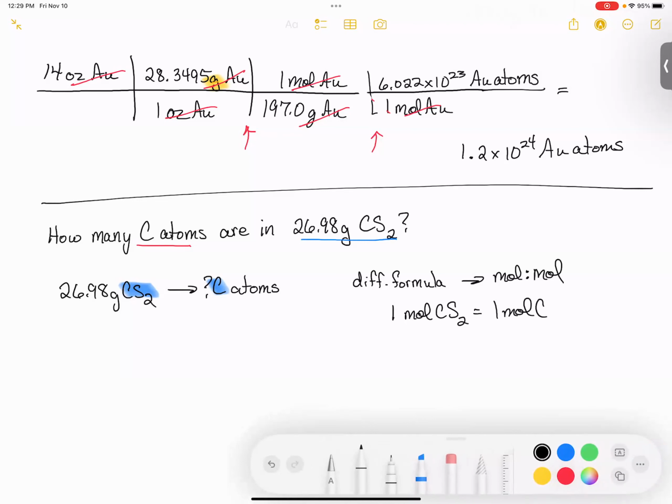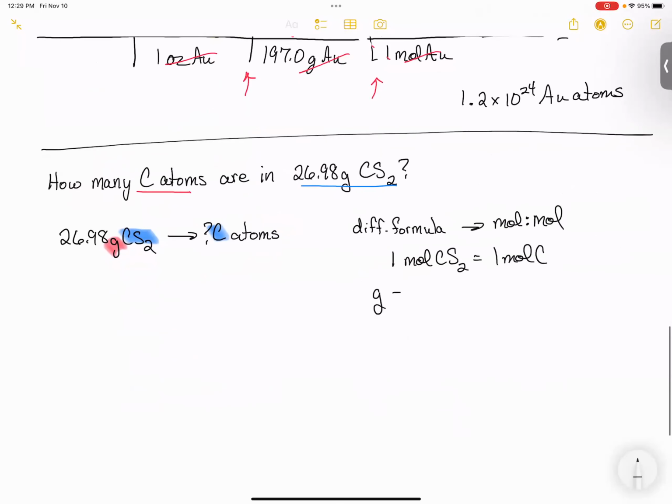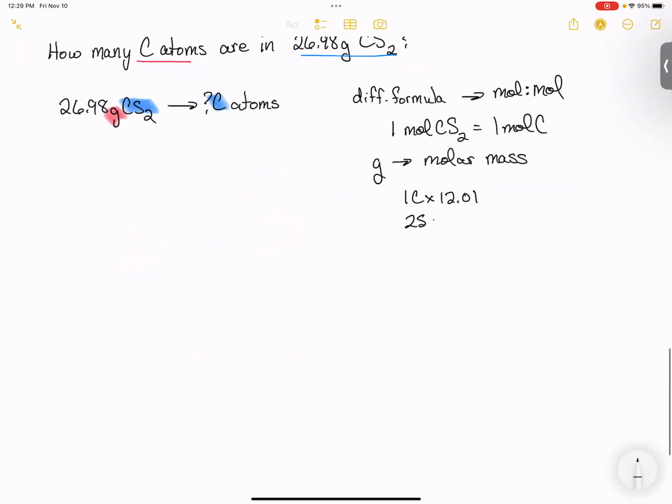Next thing I notice is I have grams. When I have grams, it means I'm going to need the molar mass. I have one carbon at 12.01. I have 2 sulfur at 32.06.